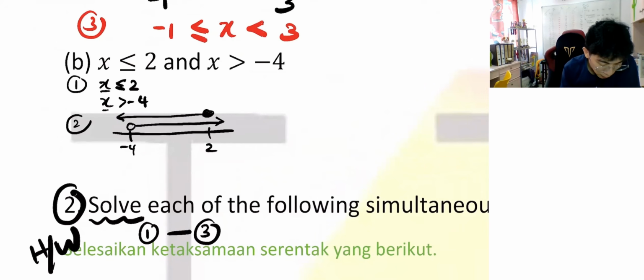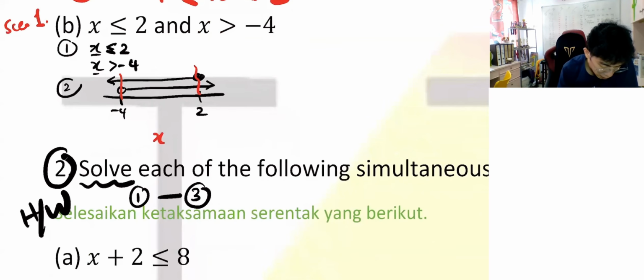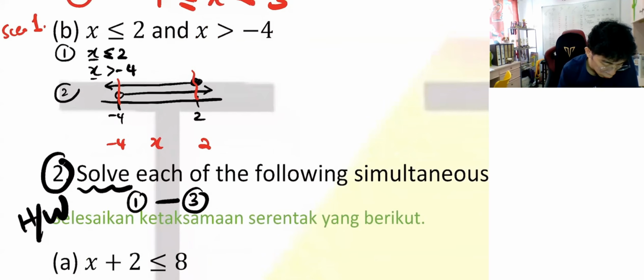Scenario number 1 again. Correct? So how? You put there X, -4, 2, then you follow the given symbol there. You see, they already point there for you, right? So this one, X is pointing at -4.